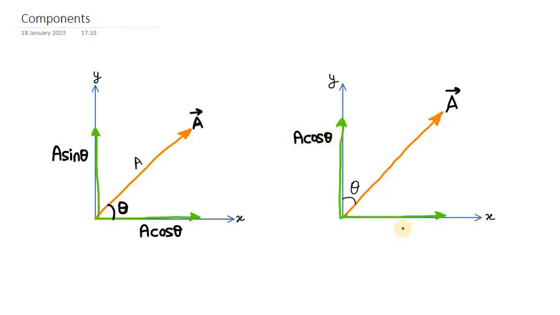So this is A cos theta, and the other component which makes 90 minus theta angle with the vector A will be the sine component. So if you remember only this simple fact, that whichever component makes angle theta with a vector will be the cosine component, and the other component which makes 90 minus theta angle with the vector will be the sine component.